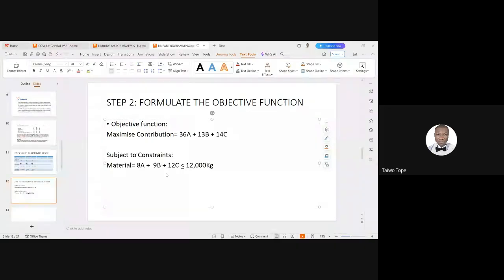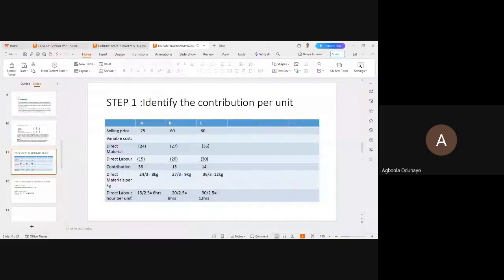For labor, I need somebody to express that for me. For labor, it will be 6A, plus 8B, plus 12C.